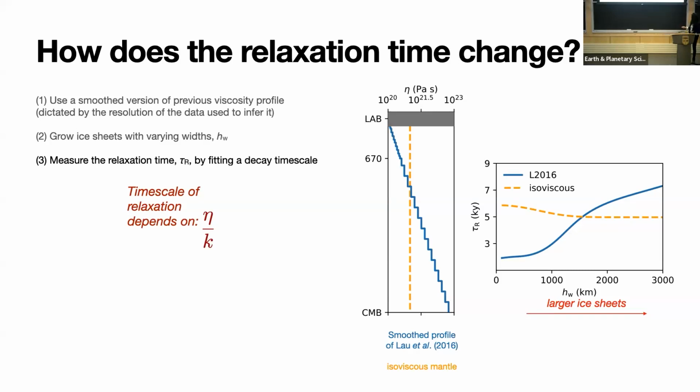And so there's no surprise, given that the timescale is dictated by this ratio, that the isoviscous mantle basically yields a tau R that's essentially constant with larger ice sheets. And the other profile has a tau R that increases by at least a factor of 2, roughly, a little bit more than that. Okay.